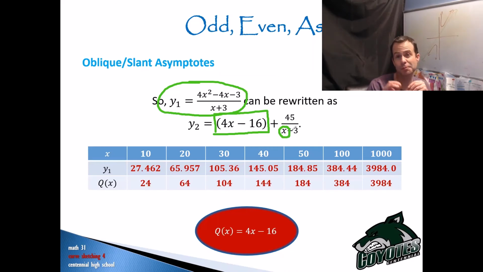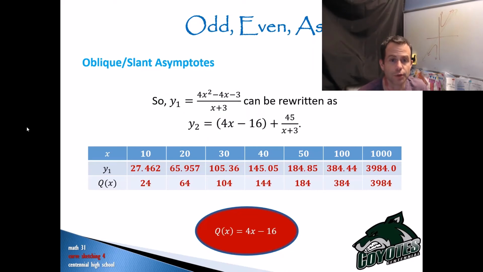It's just going to approach 0, right? 45 over a billion is pretty much 0. So as x approaches positive or negative infinity, that remainder fraction becomes obsolete, and we're just left with the 4x minus 16. And so the 4x minus 16 is the equation of our slanted asymptote.